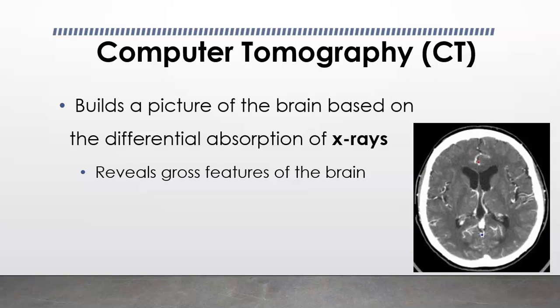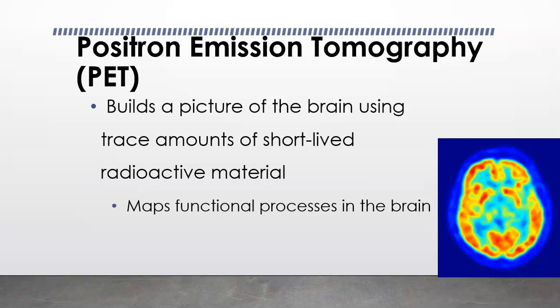So if we want to see what part of the brain is active, then we might use a PET scan, or a positron emission tomography. This builds a picture of the brain using short-lived radioactive material. In other words, usually the patient will have a Gatorade-type beverage that contains some radioactive material.